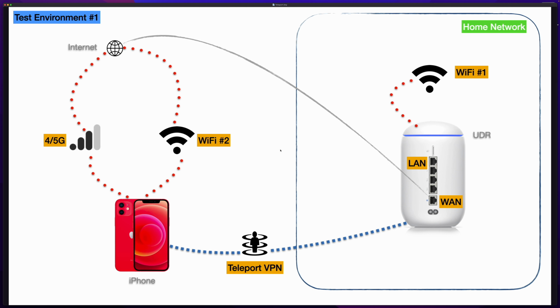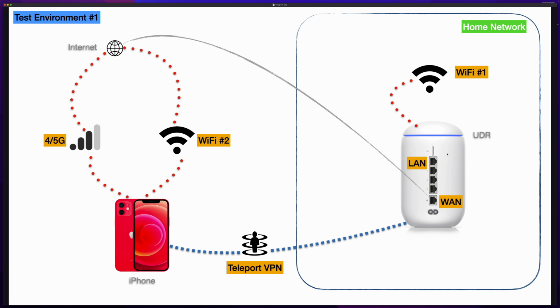Let me use several diagrams to show you how Teleport VPN can be used in the real world. The first slide is the most common use case, which is, okay, you have a UDR in your home network. You are away from your router. Away means, okay, you have your cell phone. You use your cell phone to either connect to the 4G or 5G wireless network, or you connect to other Wi-Fi.